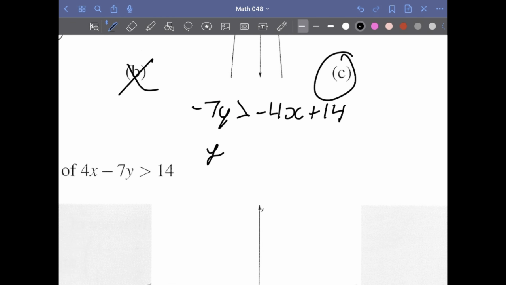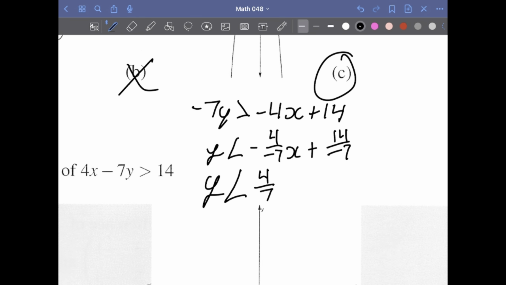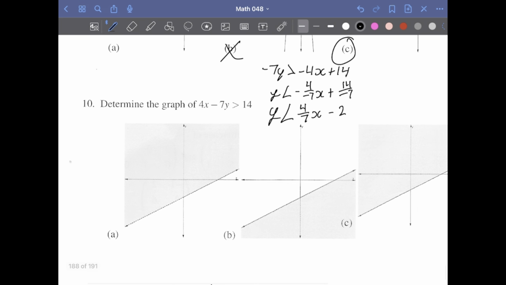So this would be y is less than negative 4 divided by negative 7x plus 14 divided by negative 7. Simplify. Y is less than positive 4 over 7 x, because negative divided by negative is a positive. And then minus 2, because 14 divided by negative 7 is negative 2, right?